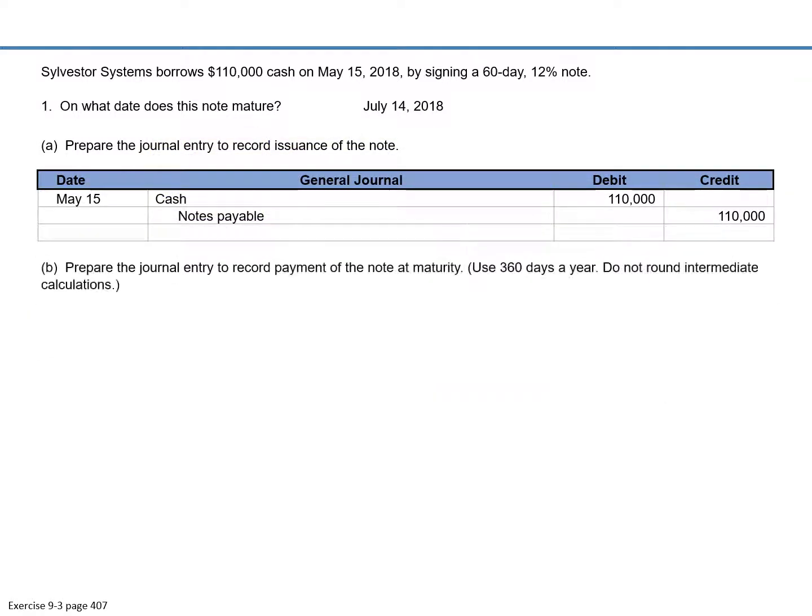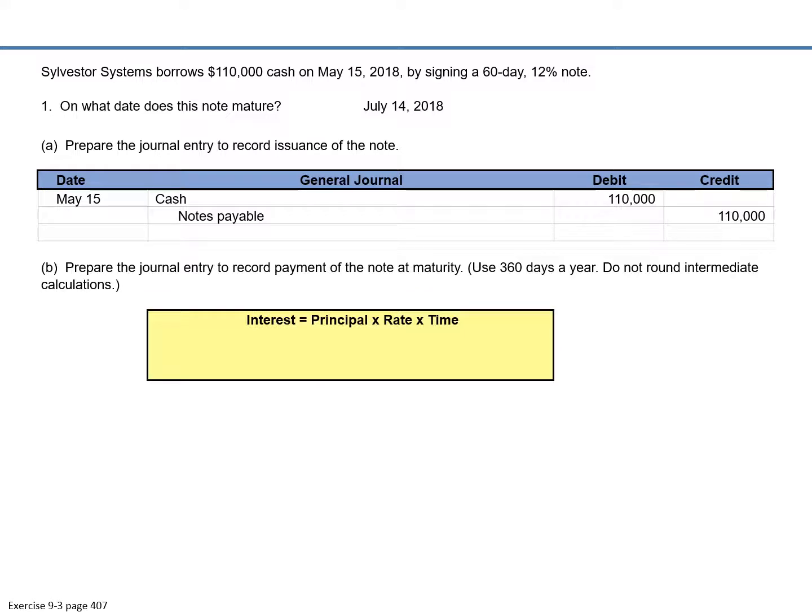Then, in B, prepare the journal entry to record the payment of the note at maturity. We're assuming a 360-day year and do not round intermediate calculations. So what that means is we have our $110,000 times 12% times 60 divided by 360, or $2,200 of interest over the entirety of the note.